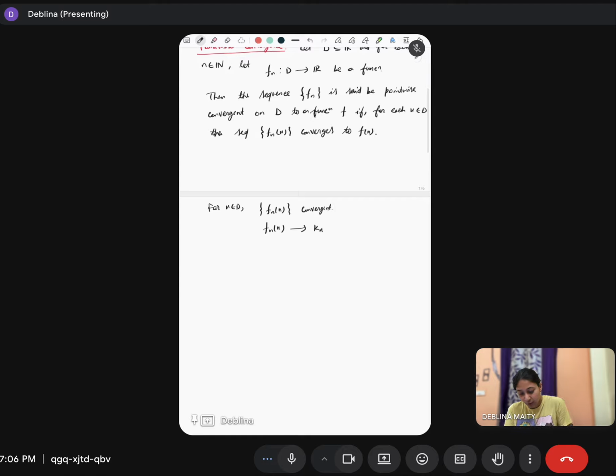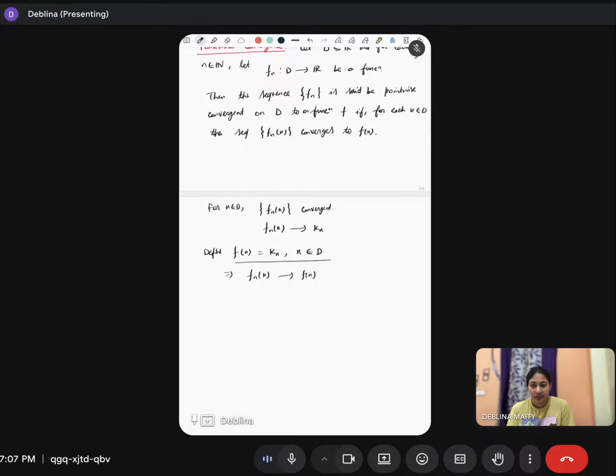Now if we define f(x) to be k(x) for all x belonging to D, then this is our function f.